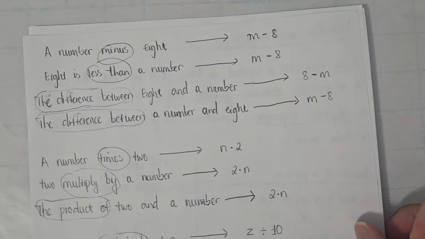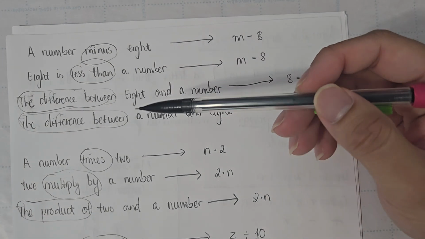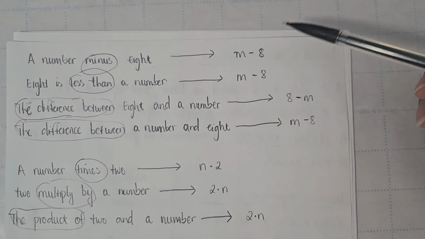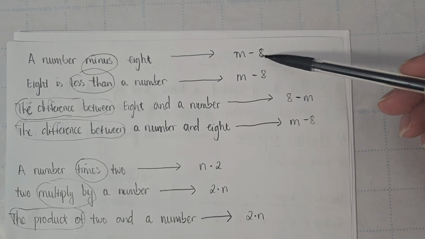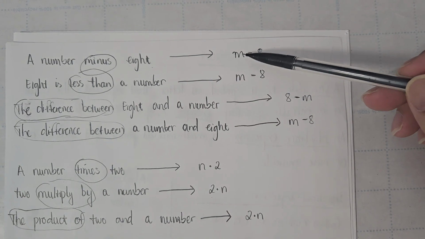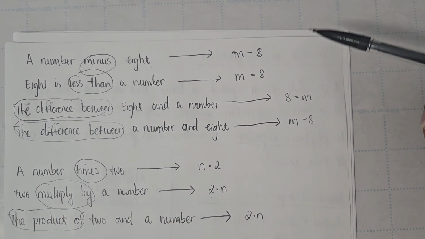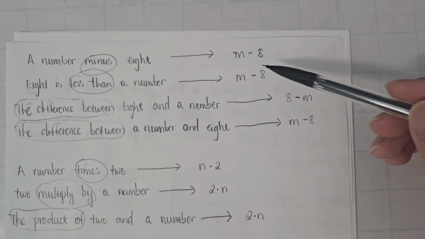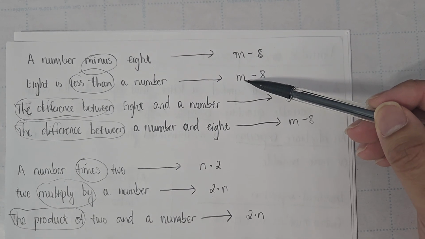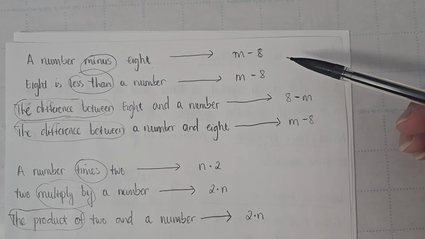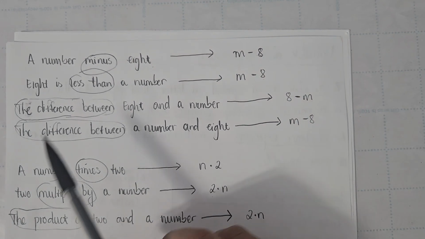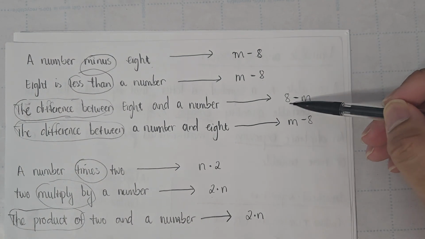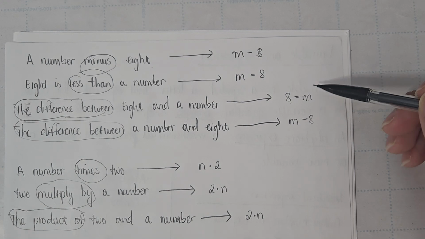Moving on to the next one, we have a number minus 8. On this one I pick m. So m minus 8. 8 less than a number also means m minus 8.